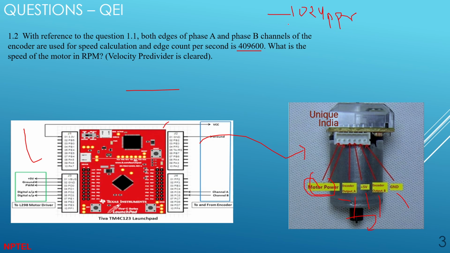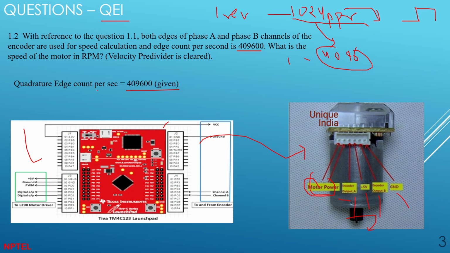So in one revolution it can give up to 1024 PPR. But when you convert it into edge count, I've told you that each pulse can be counted as 4 in the quadrature encoder interface. So when you multiply it by 4, you get 4096. This is what you will get in one revolution, and in the question it is given as edge count per second.